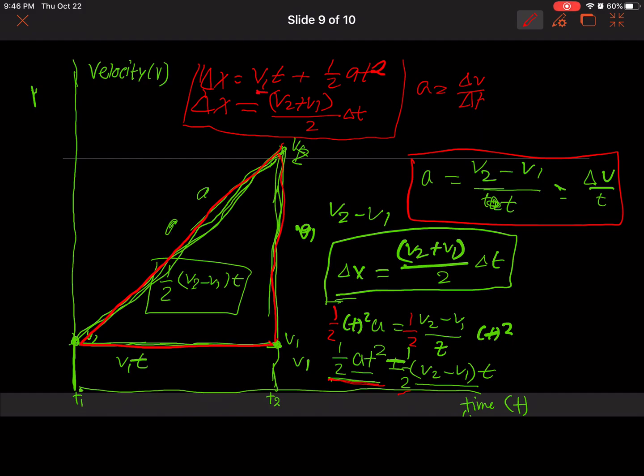Let's take this to the next slide. Okay, so let's figure this out. We have displacement equal to initial speed times time plus half a t squared. We're actually going to need only two formulas here. We want to substitute for time. What if you don't know time, right?